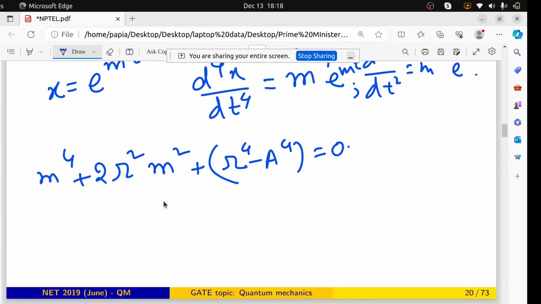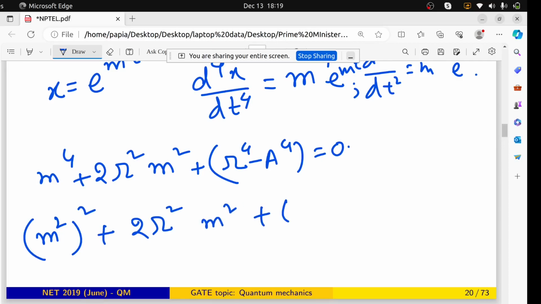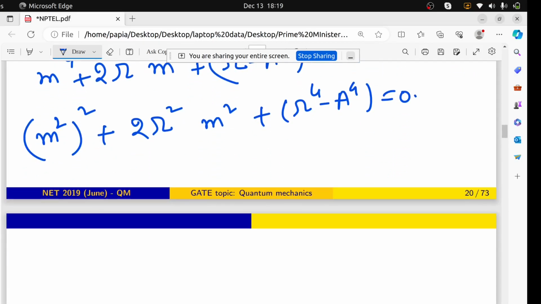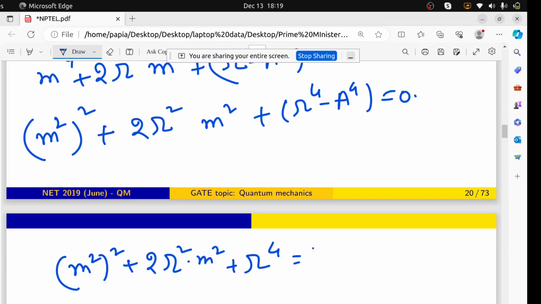Now this one will be the answer. Now you can see here, this is a very simple equation. I can write it like m⁴ plus 2ω²m² plus ω⁴ minus a⁴ equals 0. Right? Then what will be the value of m² here? I can write it like m⁴ plus 2ω²m² plus ω⁴ equals a⁴.